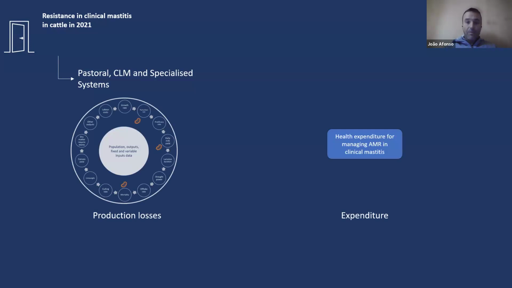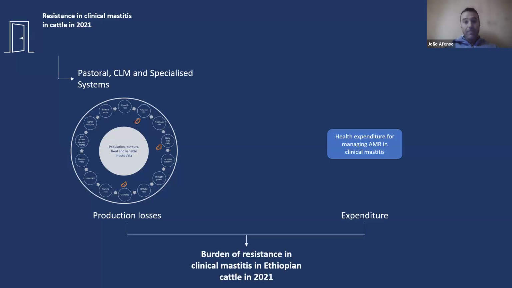And again, we have our dynamic population system capturing the production losses, and we have the expenditure assessed via a data collection exercise conducted with a colleague of ours that captured the expenditure with antimicrobials for livestock production, and then we applied a set of assumptions to estimate what would be the expenditure for dealing with antimicrobial resistance within clinical mastitis for this production species.